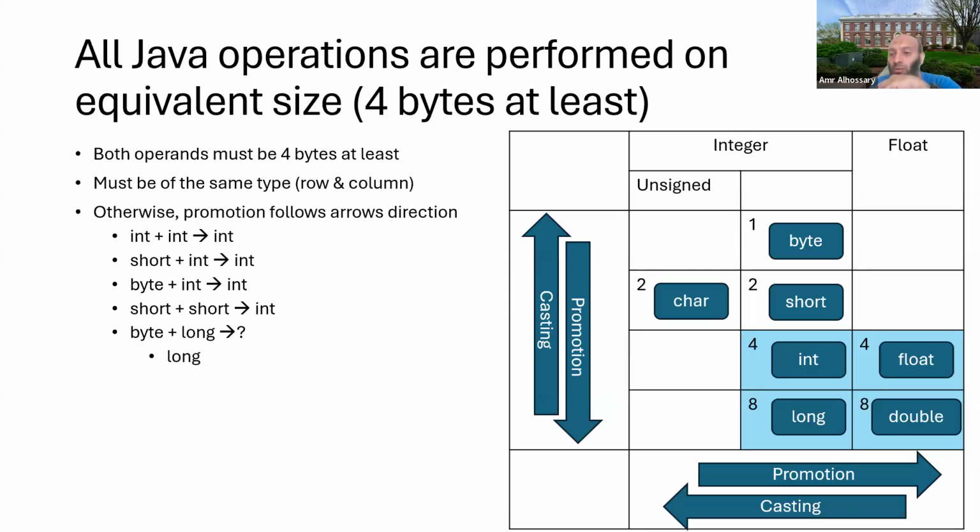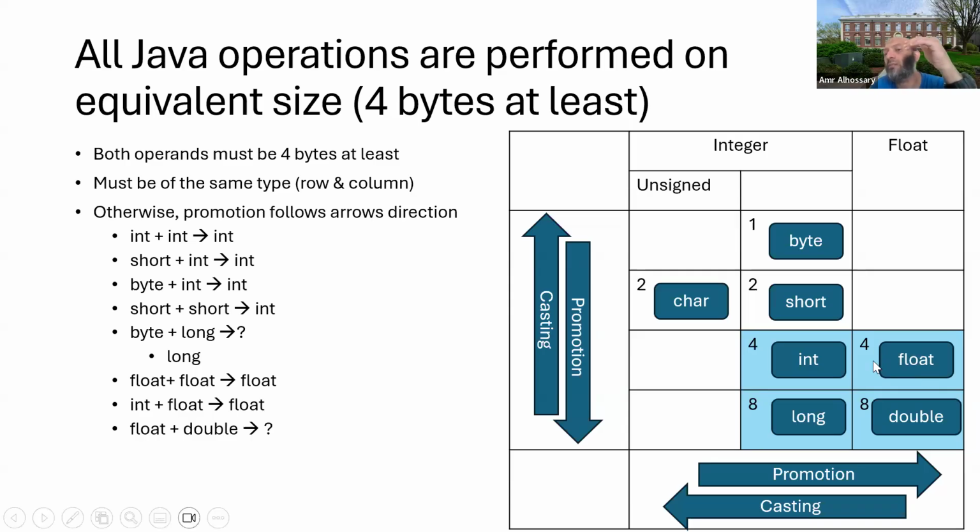Float plus float, here they are both of at least 4 bytes and both of the same type, so the output is float. Float and int, both of the same size but not of the same type, so the int will be promoted to float, and we perform it as float plus float, producing float. Float plus double, both belong to the same column but not to the same row. So the float will be promoted to double. So it will be double plus double, which is double.